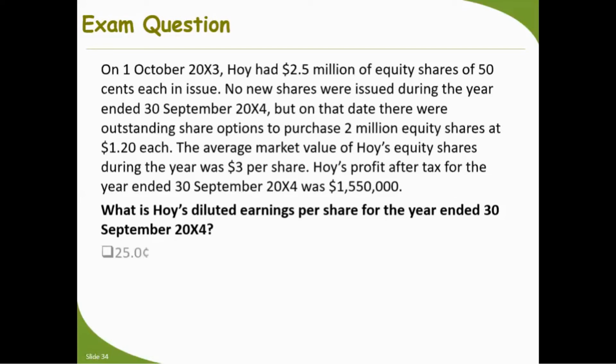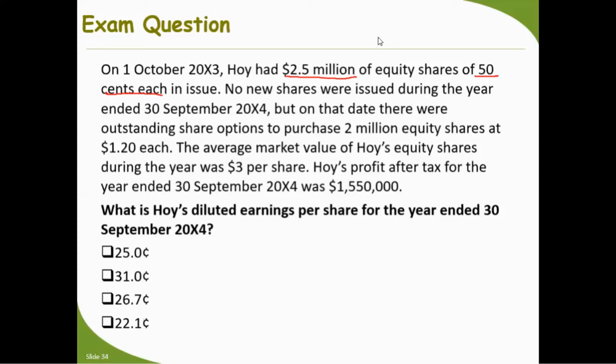Again, we don't need to calculate dilution or anti-dilution. So how many shares? $2.5 million of equity shares of 50 cents. Here, what is required is to calculate the number of shares, where the value is 2.5 million and every share is 50 cents.